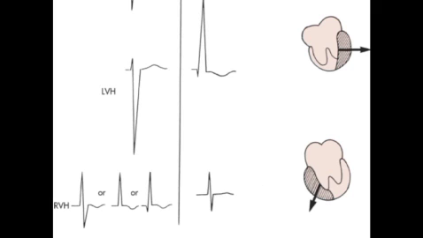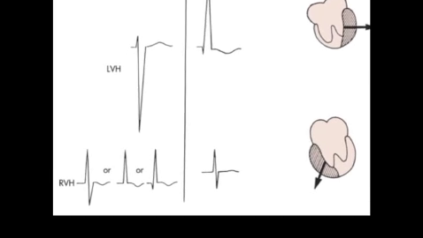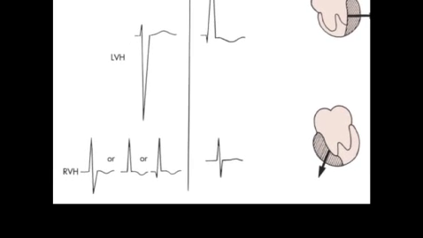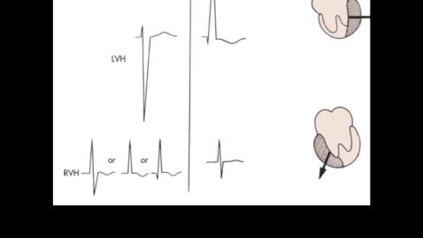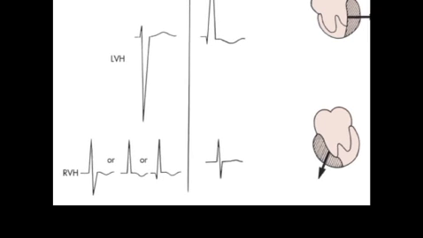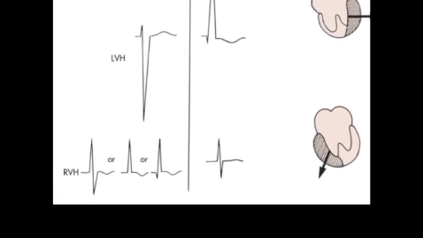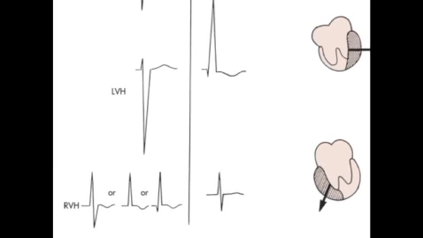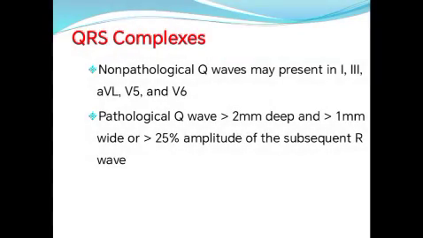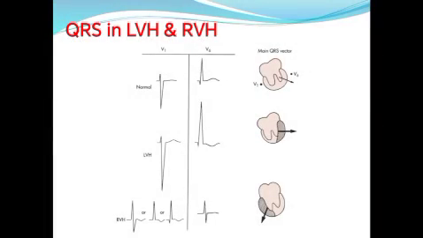In the RVH, because the right ventricle is hypertrophied and the vector is towards the right ventricle, the R wave in V1 will be positive. You see here it will be positive, the R wave will be positive in V1.